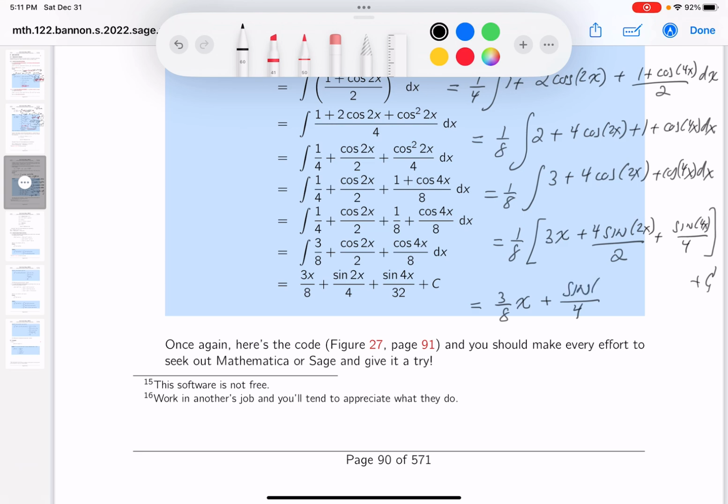Sine 2x over 4 plus sine of 4x over 32 plus c. Let's get a red pen out, see how we did. I'm seeing 3/8 of an x, sine 2x over 4, sine 4x over 32 plus c. Things are working as advertised. Thank you.